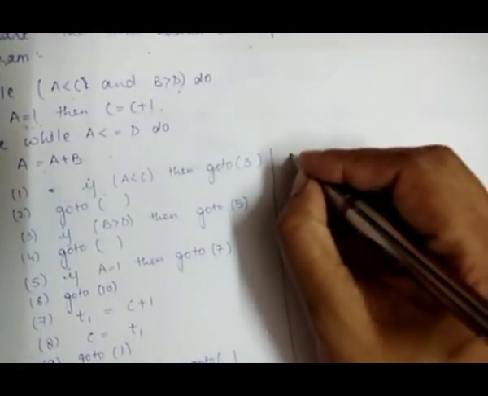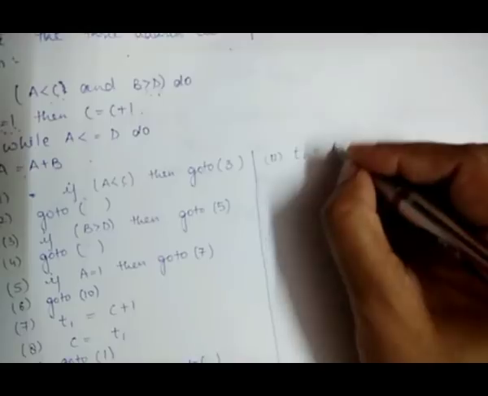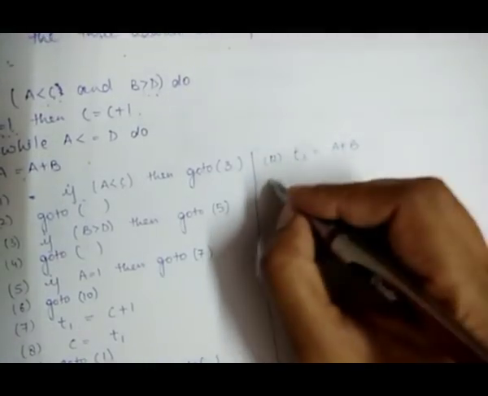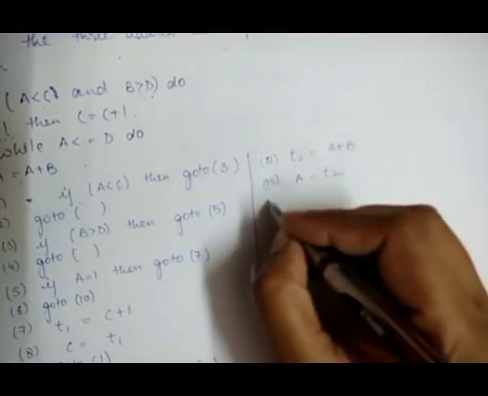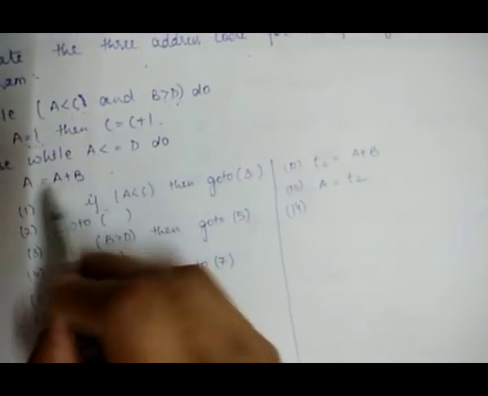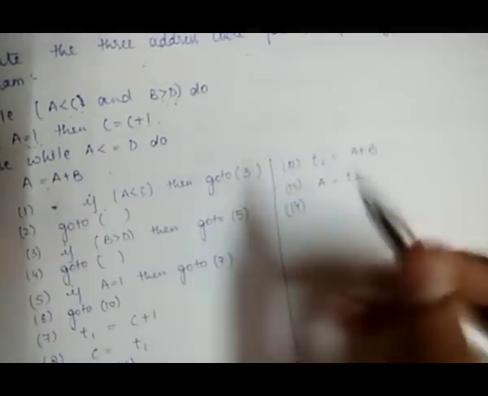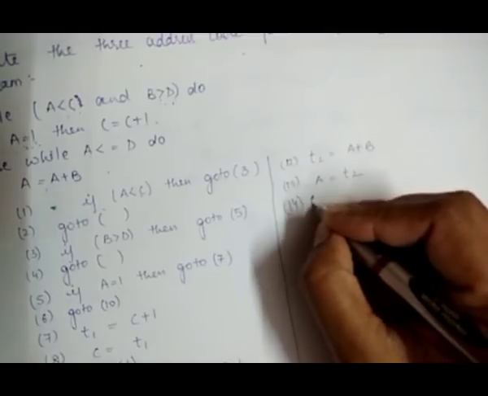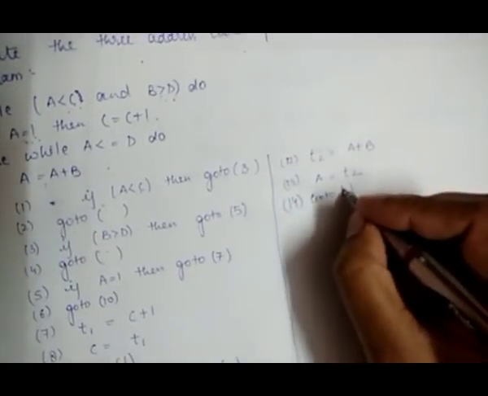So at the 12th line, we make a temporary variable t2 and set it to a plus b. Then at the 13th line, we assign t2 to a. After this, we again check the else part, so we go to the 10th line.